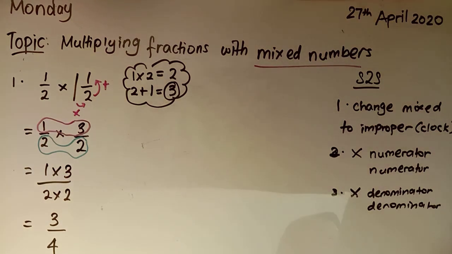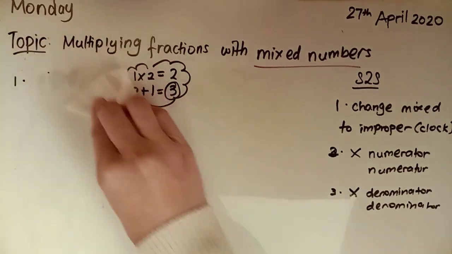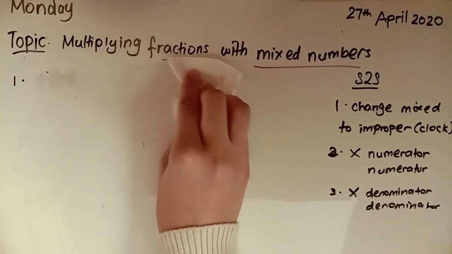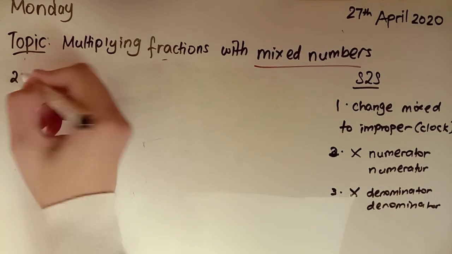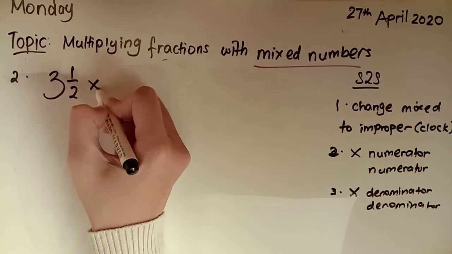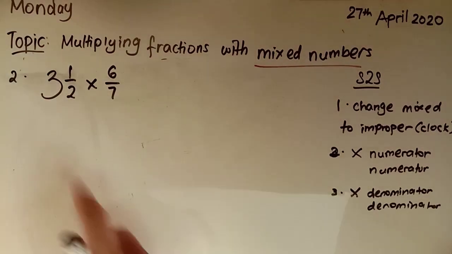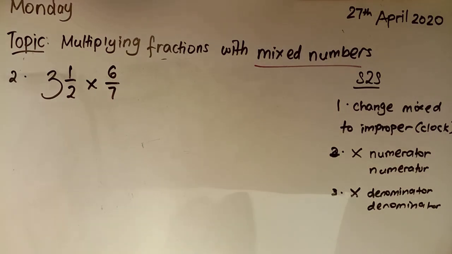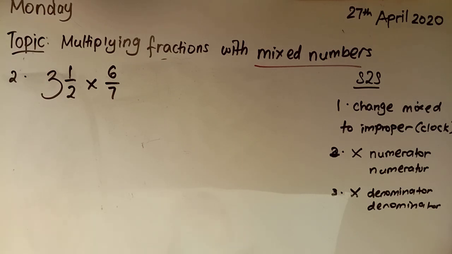Okay, next example. Example 2. So we have 3 whole 1 over 2 times 6 over 7. Whole number times proper fraction. Step 1. Change mix to improper using the clock method.